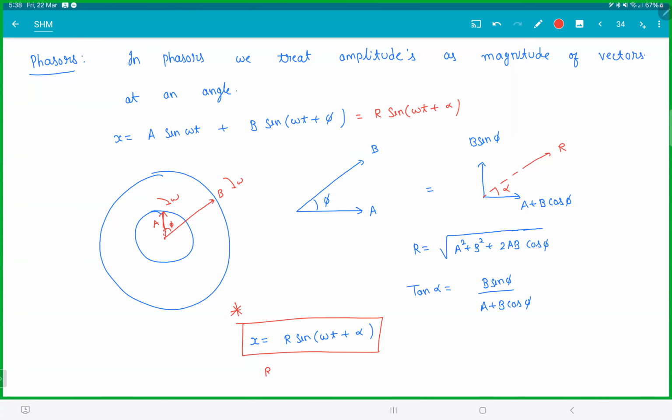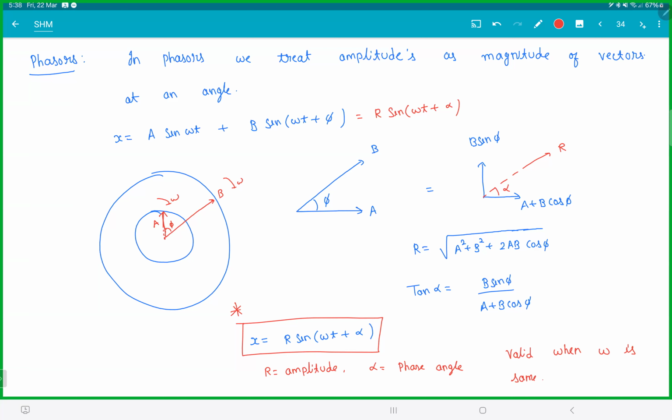R is the amplitude here. Alpha is your phase angle. If you have different omegas, it's not an SHM.